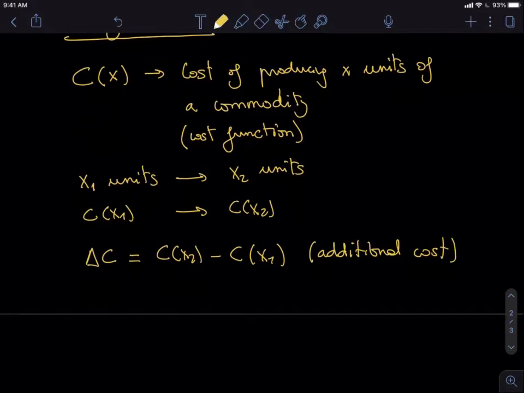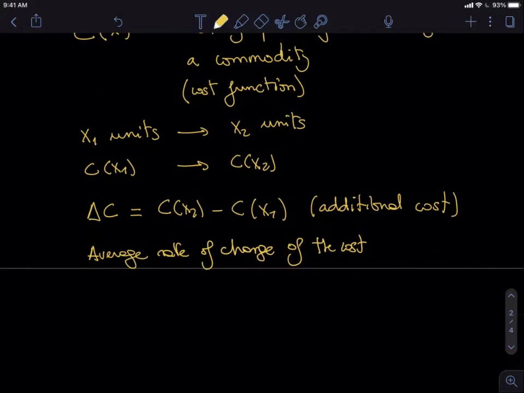We could actually look at the average rate of change of the cost. And this one would be given by c of x2 minus c of x1, divided by x2 minus x1.